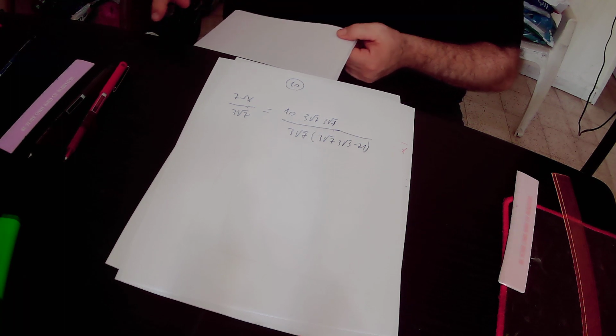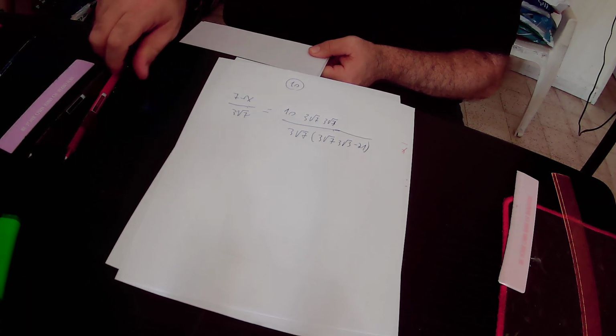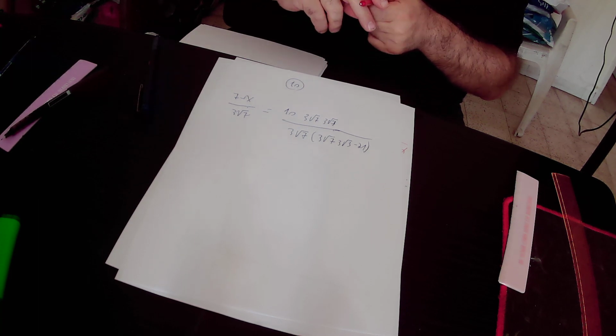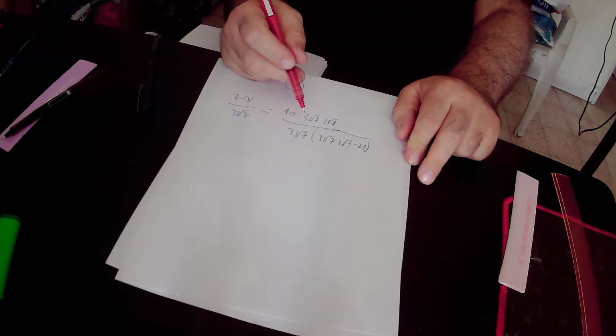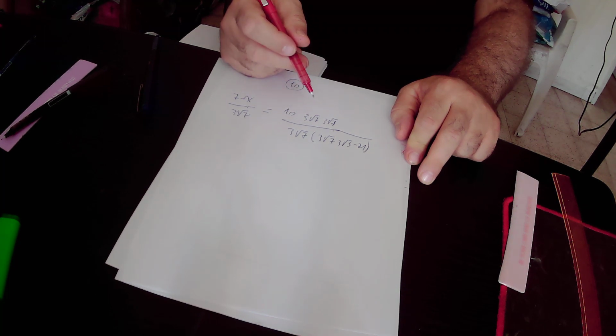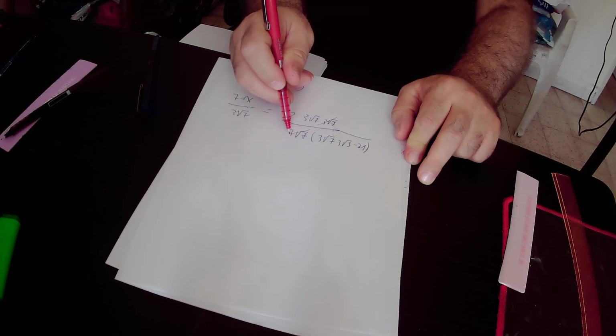So here we have 3 times root 7 in the numerator, and we have 3 times root 7 in the denominator, so 3 times root 7 will get cancelled.